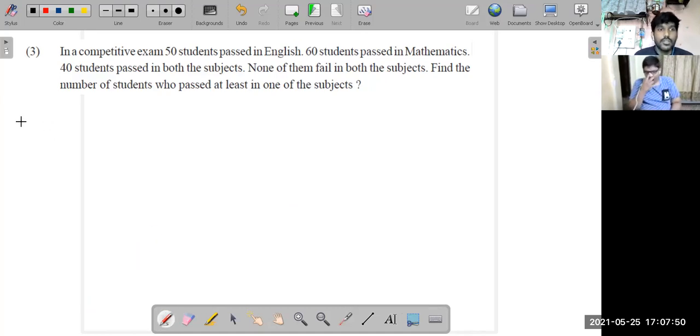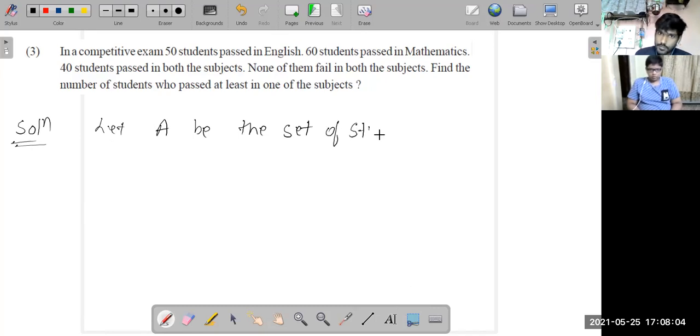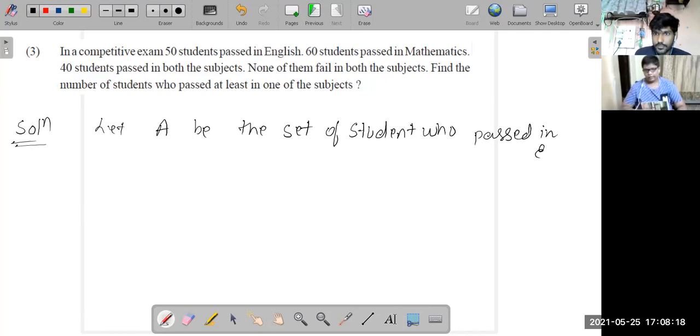Okay, so we'll start with the solution. What we'll do here is we'll say let A be the set of students who passed in English, and let B be the set of students who passed in maths.